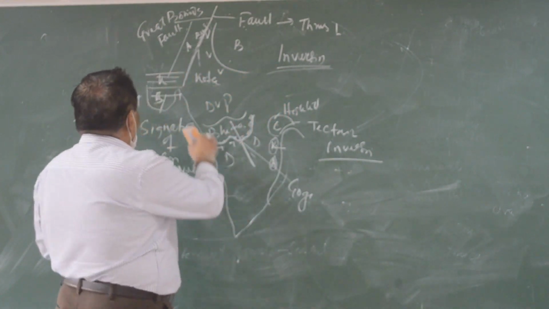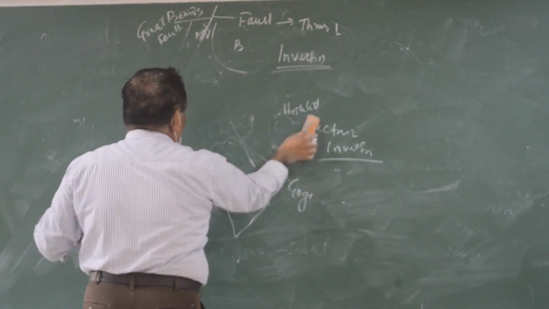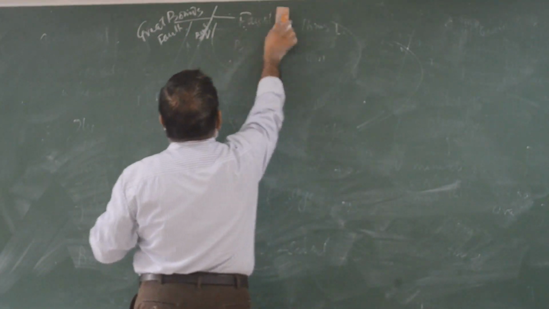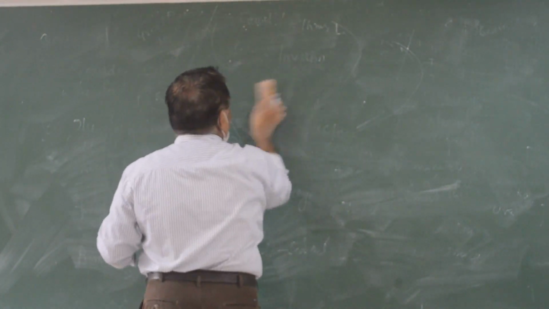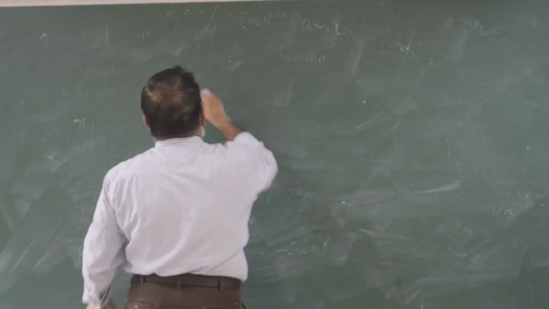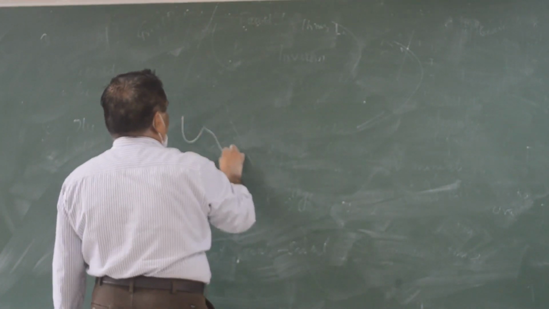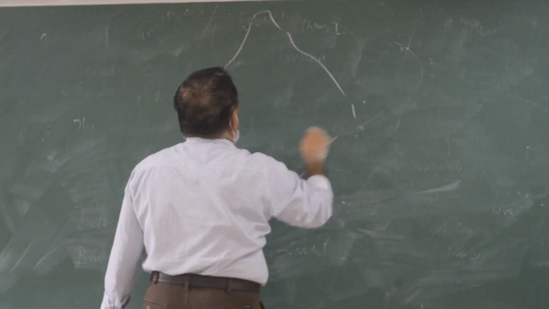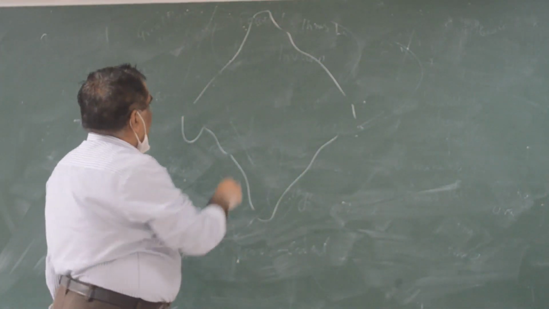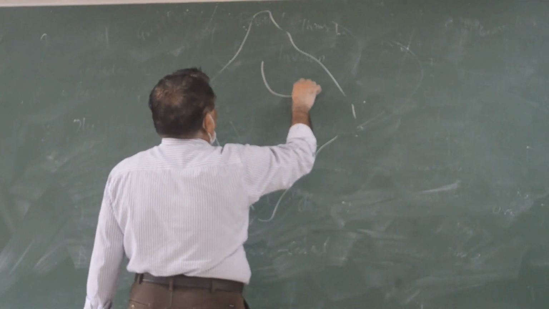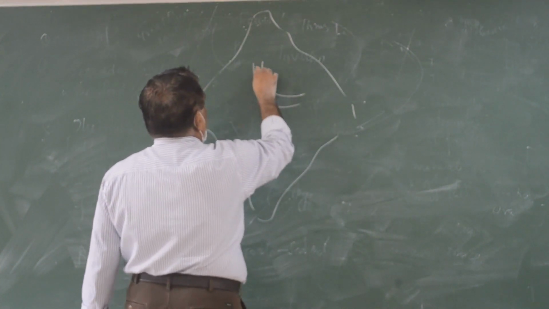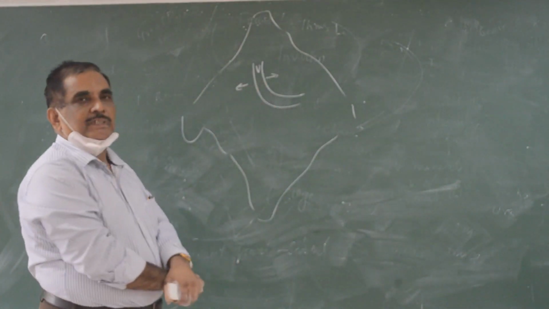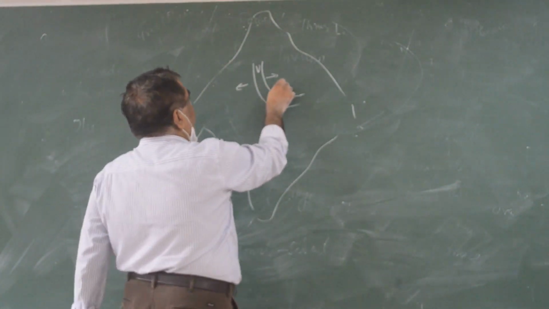Now, when it comes from an extensional setting to a compressional setting, how does it happen? Now see, you see the map of India. Now suppose the Vindhyas, where extensional setting was going on. Now the point is, from extension how did compression come?